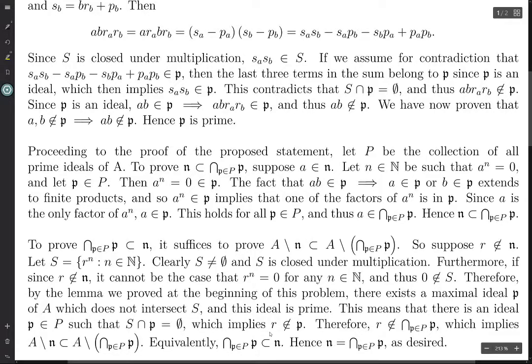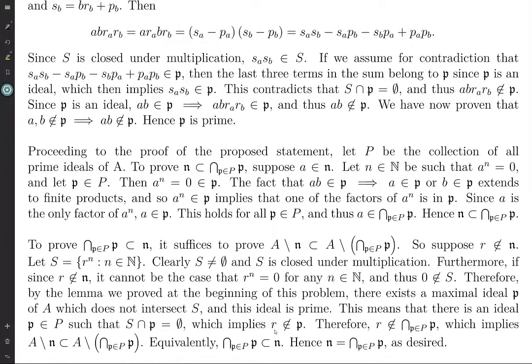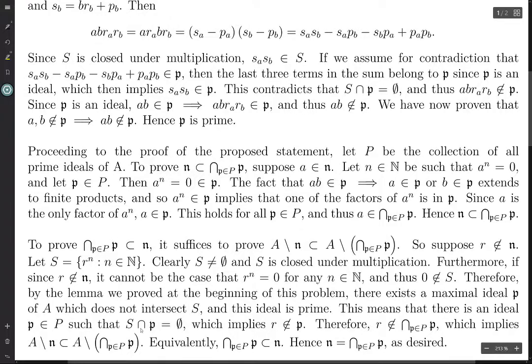Therefore r cannot be in P, because if r were in P, then r would be in the intersection, contradicting its emptiness. So we found a prime ideal such that r is not contained in it. But then the more restrictive statement of r being in the intersection of all these prime ideals cannot hold. So r is not in the intersection of all these prime ideals.